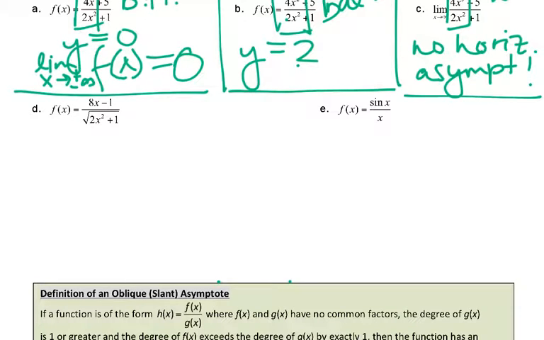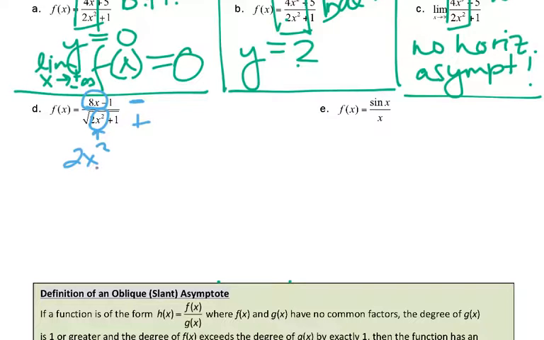Okay, the final two important examples. D has a square root in the denominator. And inside that square root, we have an x squared. Now this is interesting because it means that if x is negative, the 2x squared becomes positive in the denominator. But a negative x would make the numerator negative. So we'd have a negative over a positive.